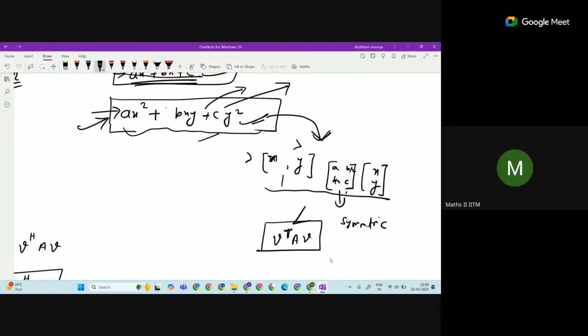So how we built this matrix: we started studying this one, and from this quadratic form we connect with linear algebra, and this matrix is what we got. If you see, this matrix is always going to be symmetric.